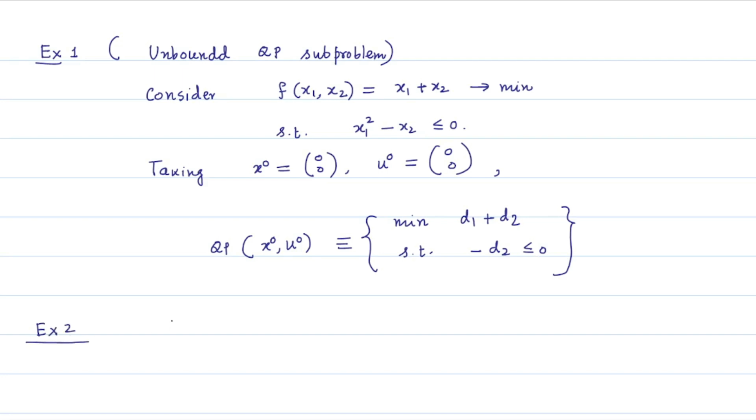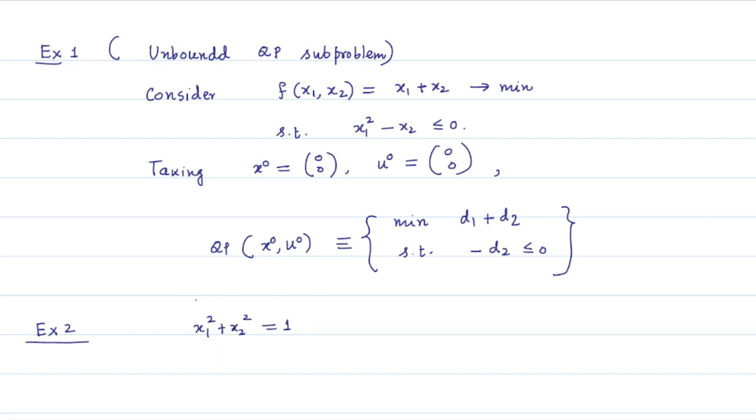We can also have the feasible region of this quadratic programming problem inconsistent. For such an example, simply consider a constraint, let's suppose x1 squared plus x2 squared is equal to 1, and any objective function.